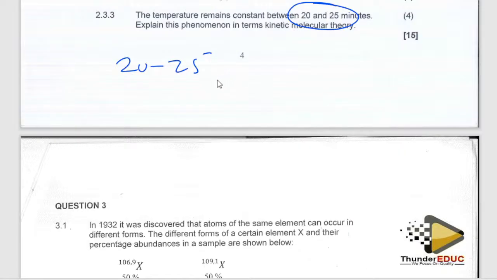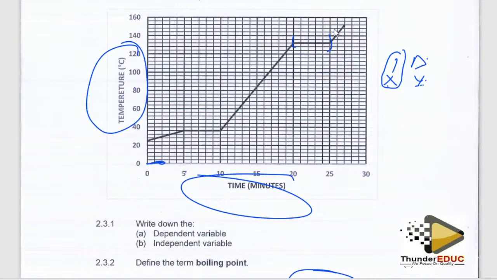Because the temperature is remaining the same, what happens? The speed at which these particles are moving starts to increase. So when they increase, it means that the average kinetic energy of the molecules will start to increase. You understand? Once it starts to increase, you undergo the gaseous state.